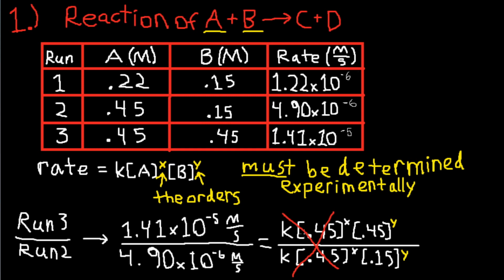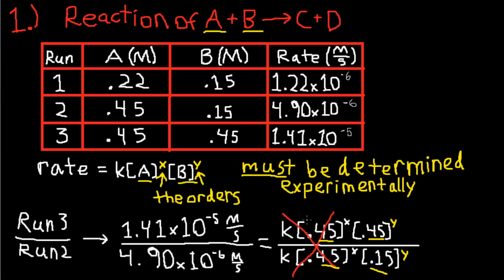Same here, the run 3 values, the A goes on the left, and the B goes on the right, as you can see. And then on the bottom is our run 2 values, which is the same way. A is on the left, B is on the right, and it matches up fine here.